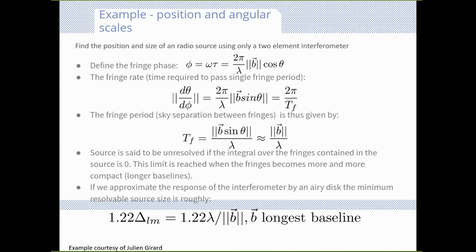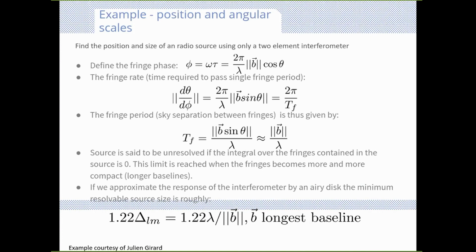Now, we also want to determine the extent, so the apparent scale of the source on the celestial sphere. Formally, we define the source to be unresolved if the integral over the fringes contained on the source comes to about 0. This limit is reached when the fringes become more and more compact.